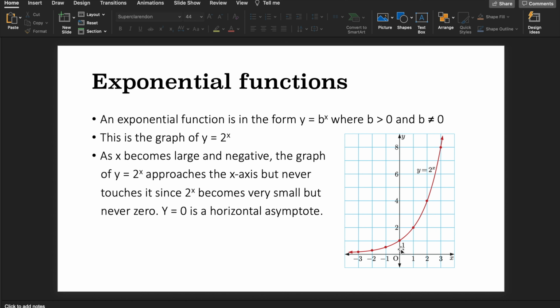As x becomes large and negative, meaning it's tending towards negative infinity, the graph approaches the x-axis but never touches it, since 2 to the power of x cannot be equal to 0. So however large or small the value of x is, the y value will never be 0. Therefore, we can conclude that y equals 0 is a horizontal asymptote. We've already discussed asymptotes. It's where the graph approaches but never touches. So I'm not going to go too in depth.